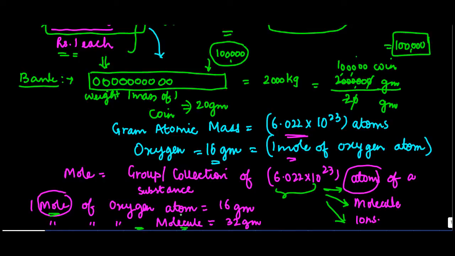So mole is just kind of a link between the number of atoms or molecules and the mass of the atom or molecule. This particular number that we are talking about again and again is known as Avogadro number.